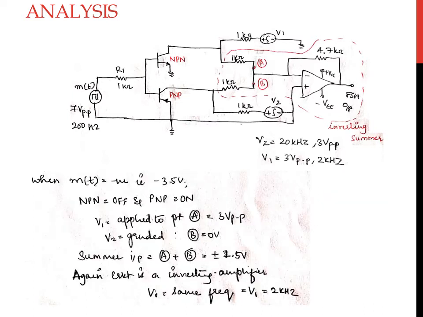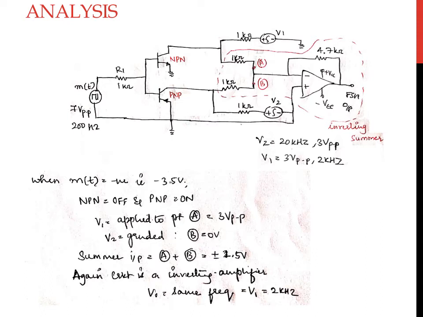Now coming to the analysis of what happens when you apply a negative voltage of M of t. When you apply a negative voltage of minus 3.5 volt to the base terminals of the two transistors, the PNP transistor will turn on and the NPN transistor will turn off.